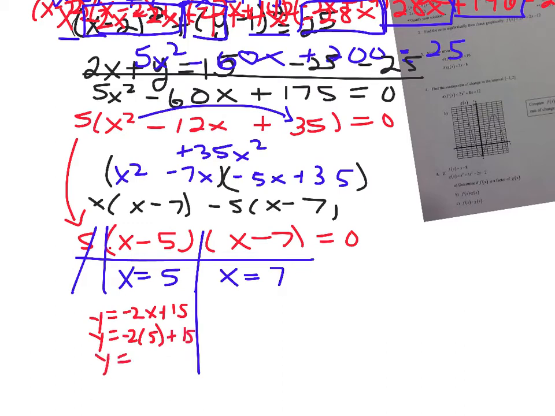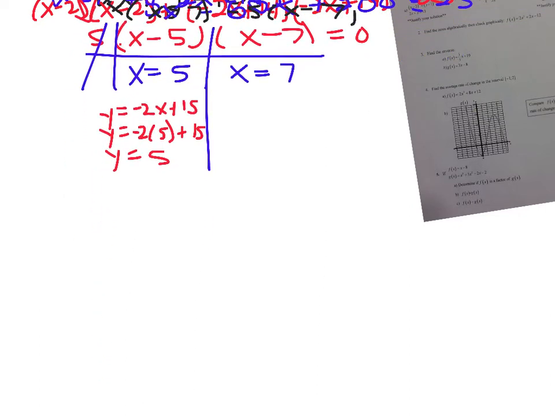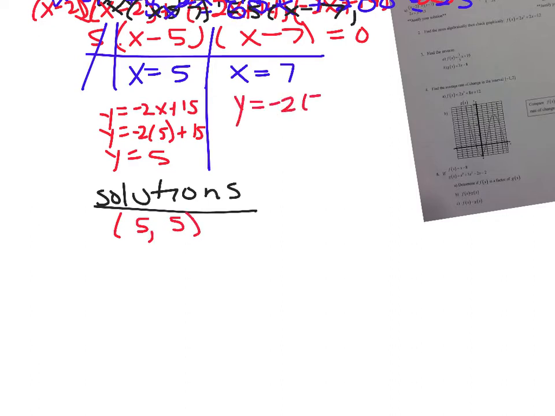That you could just plug in your calculator and you get 5. So I have one solution so far, (5, 5). All right, now let's go ahead and plug 7 in. So we get y equals negative 2 times 7 plus 15. So y is equal to positive 1. So there's my other solution, (7, 1).